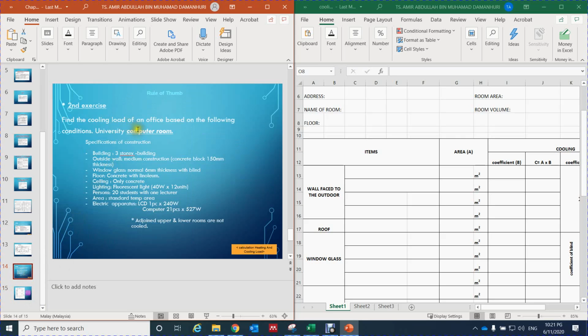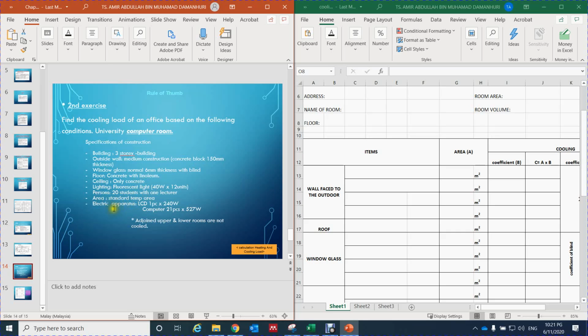All right, first, please read the specification of the construction. This is a three-story building. The outside wall is medium construction and the window glass is normal, 6 millimeter thickness. The floor is concrete with linoleum, the ceiling is only concrete, and the lighting is fluorescent. The person load is now 20%.